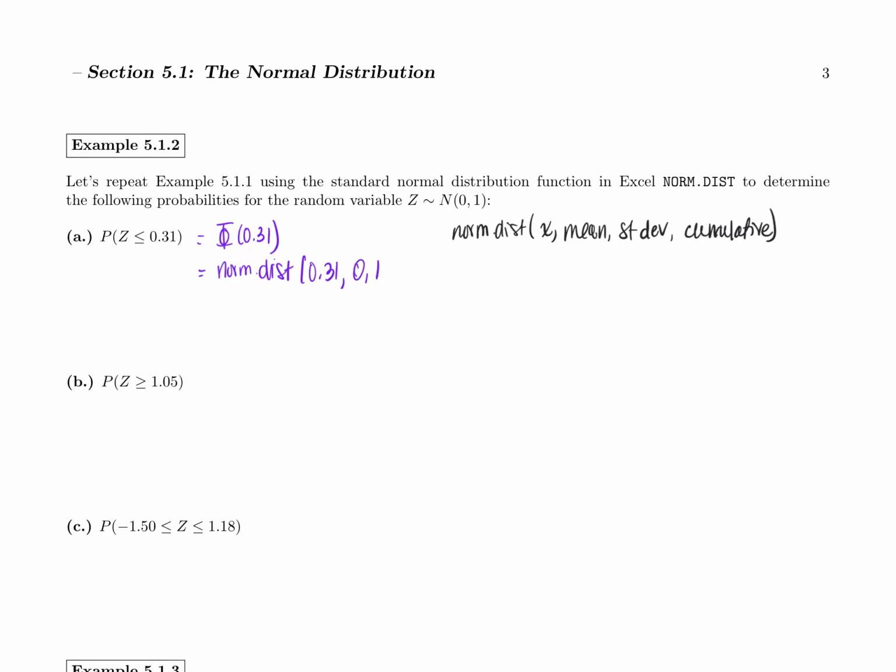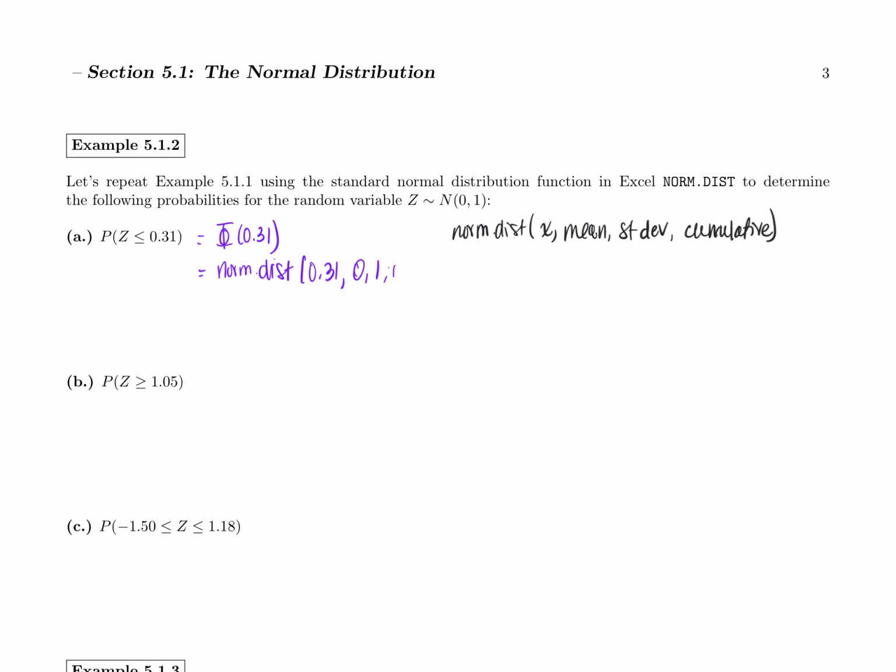The nice thing is you're already in Excel, so you can just say what the value is in one cell, and in the next cell down, say it equals the square root. And now you have your standard deviation. When you put in your x value, your mean, and the standard deviation, you're going to say equals that cell. And then you say cumulative is yes. So you can find ways to use Excel to your best advantage here.